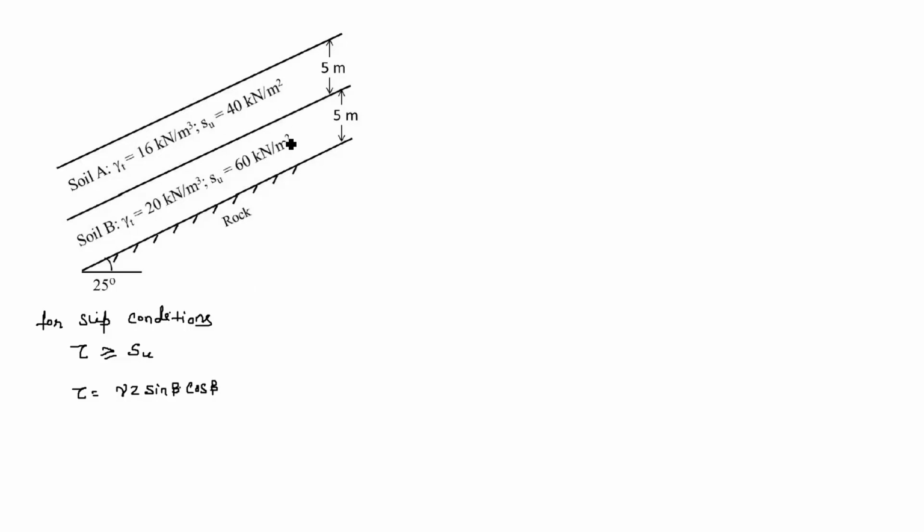So we will check for slip at the bottom of the top layer and at the bottom of the bottom layer. So for the top layer, the shear stress at the bottom of the top layer, or first layer.